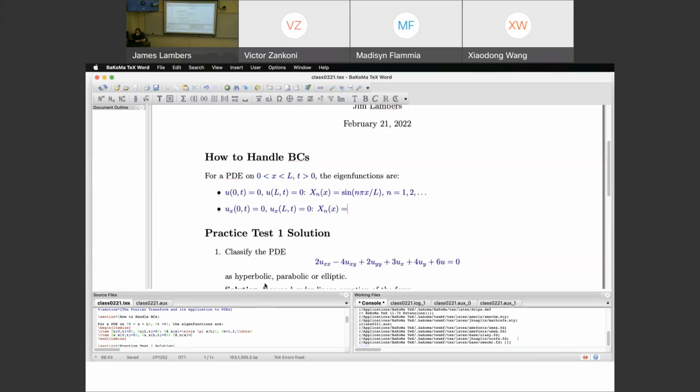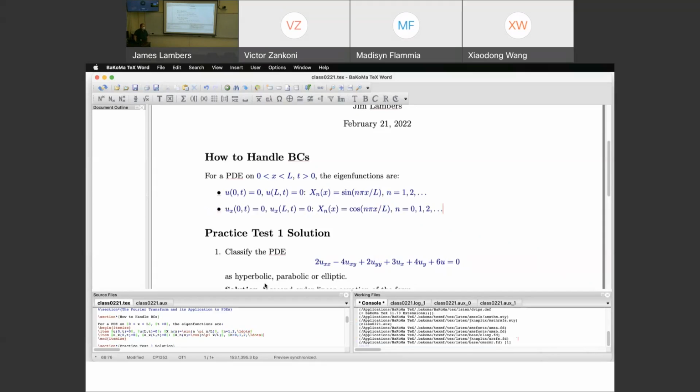Cosine, and the argument is the same, n pi x over L. What values of n? Starting at 0. It has to start at 0 because when n equals 0, cosine of 0 is 1, so we do have a non-trivial solution in that case.